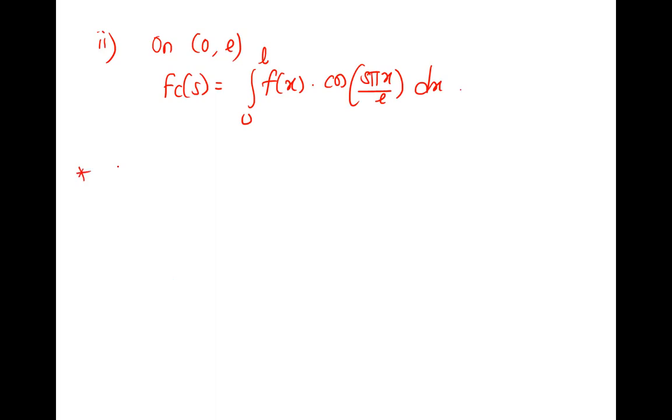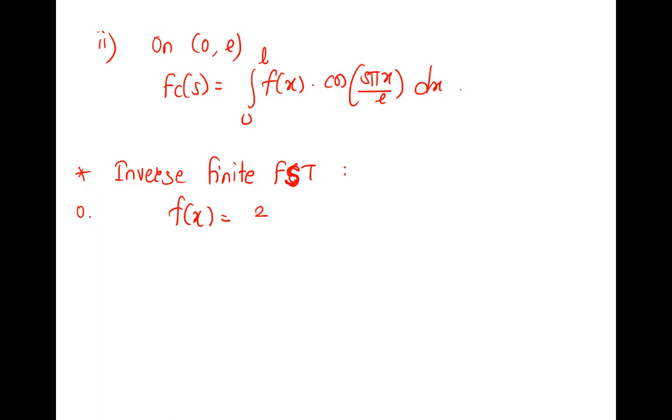So inverse finite Fourier cosine transform. First you'll write sine, as we have written sine first. So inverse finite Fourier sine transform. It is defined as f of x is equal to 2 by pi.